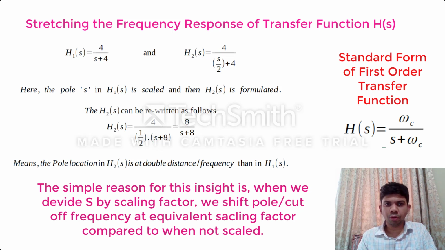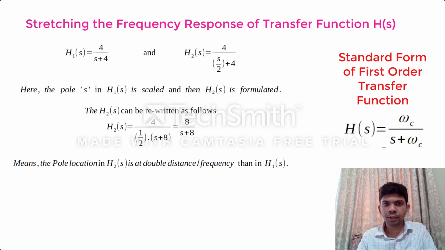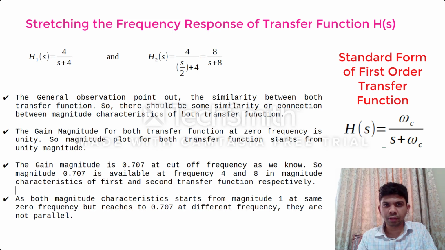H2 of s, if simplified, I will get 8 divided by s plus 8, as you can see here. Now comparing these two transfer functions with the standard form of first order transfer function omega c divided by s plus omega c, we can conclude several things here.